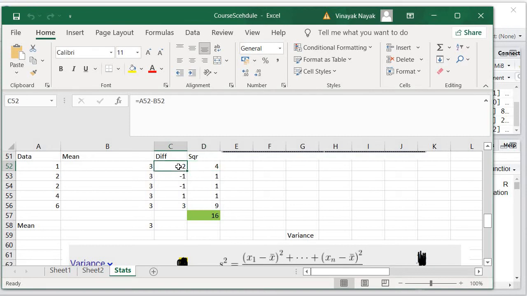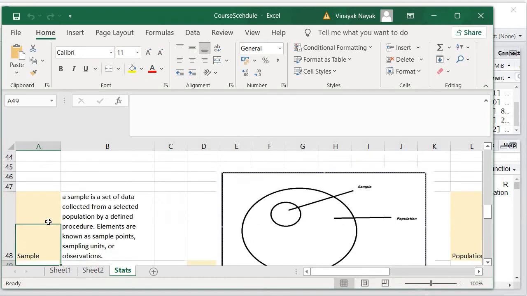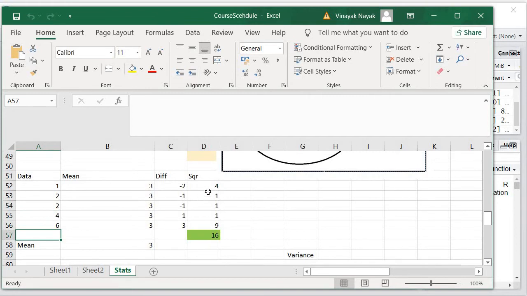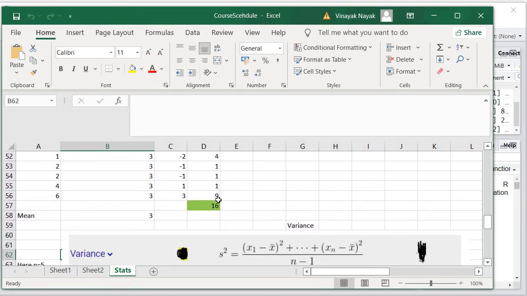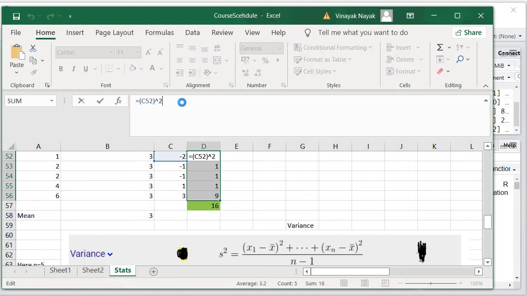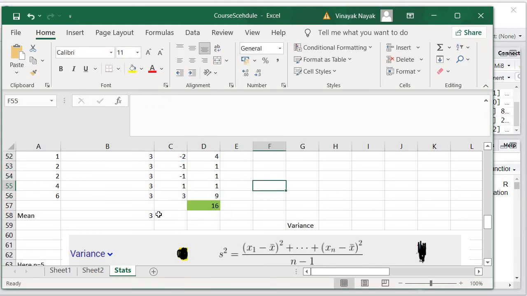The square of minus 2 is 4, minus 1 is 1, minus 1 is 1, 1 is 1, and 3 is 9. Now you have to add these numbers: 4 plus 1 plus 1 plus 1 plus 9, when you add these numbers, you get 16.